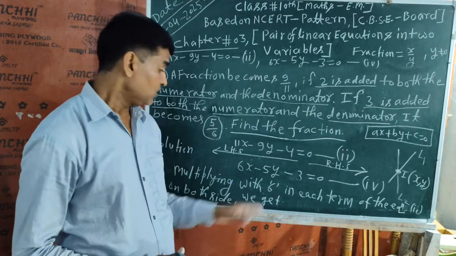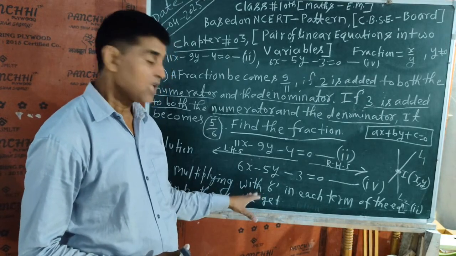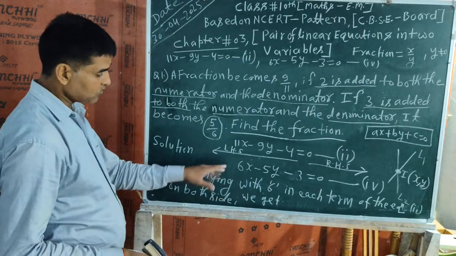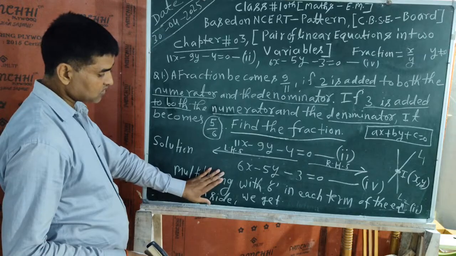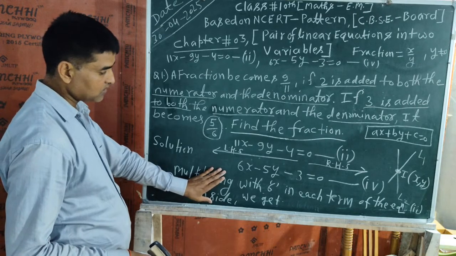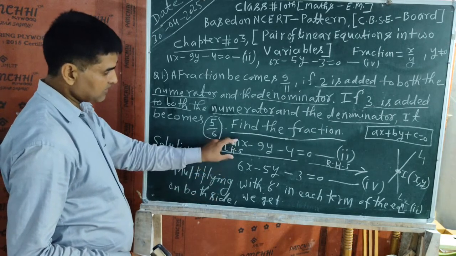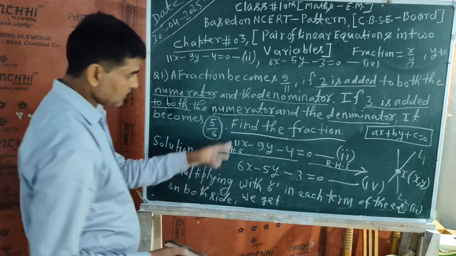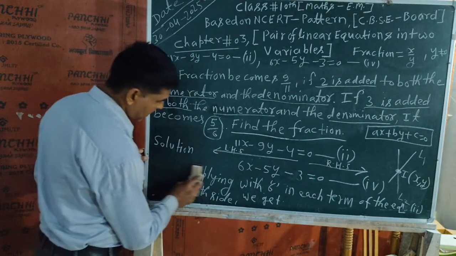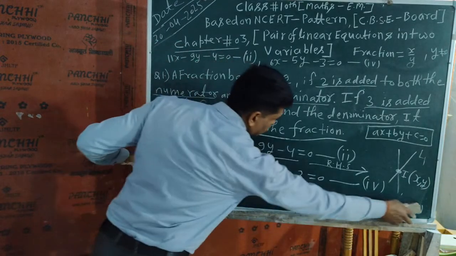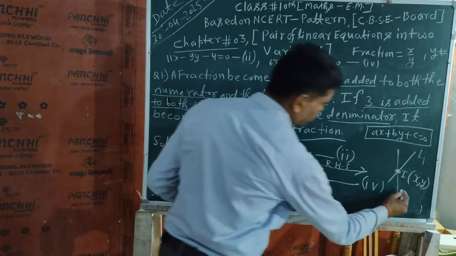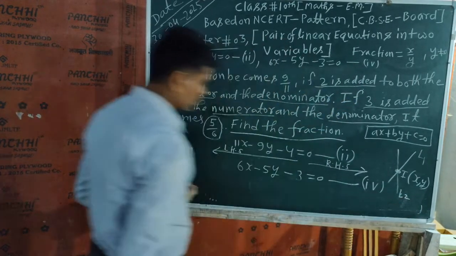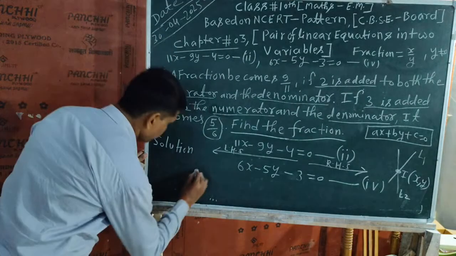So you have to use this concept, and then you will apply it. Okay students, so further I am going to use this statement in equation number 2, and then we will write the solution. I am going to erase this one because there is no space. So I will multiply like this.